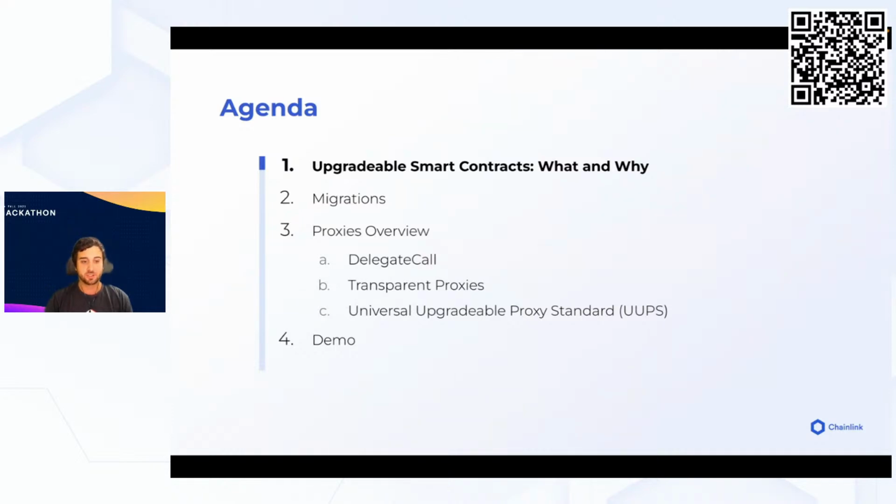I'll try to answer some questions throughout and in between these sections. This may go on the whole time, so we'll try to get some time for a break in between, maybe halfway. All right, let's go ahead and dive in.